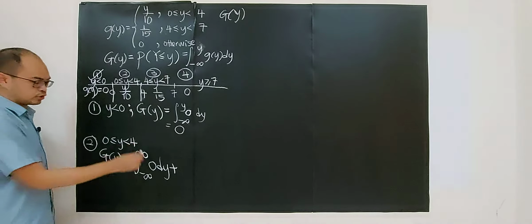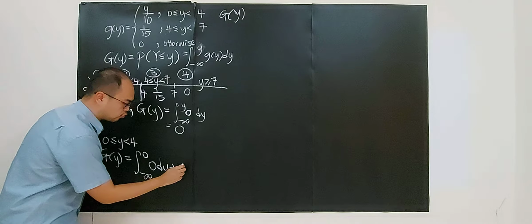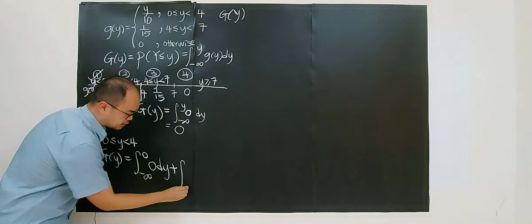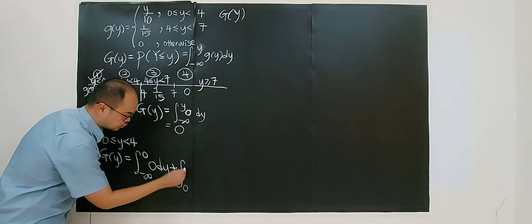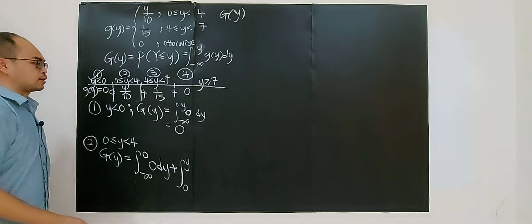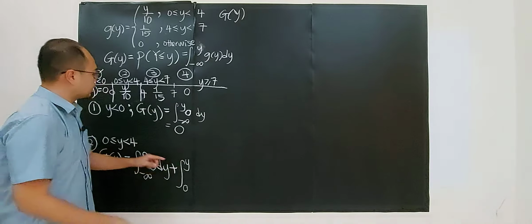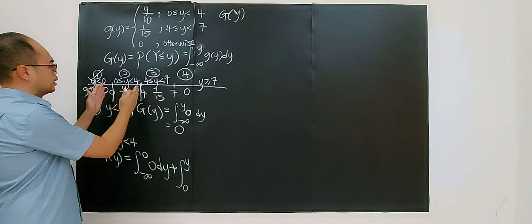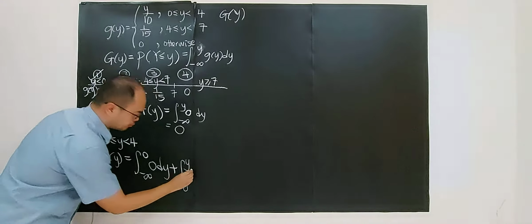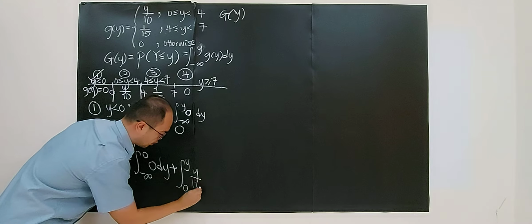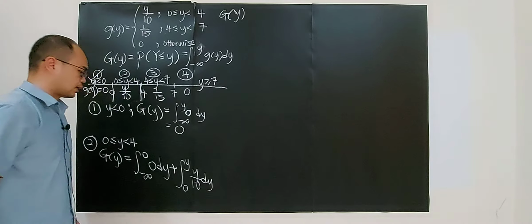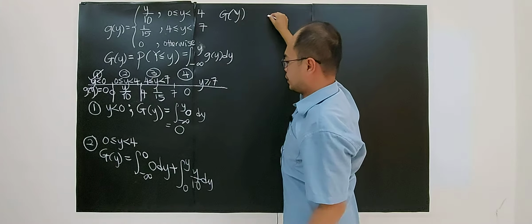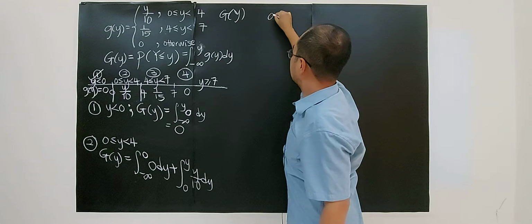Then I continue to the second interval, where we start with 0 again but stop at y. For this interval the density function is y over 10 dy. Let's continue, so it will be your G(y).